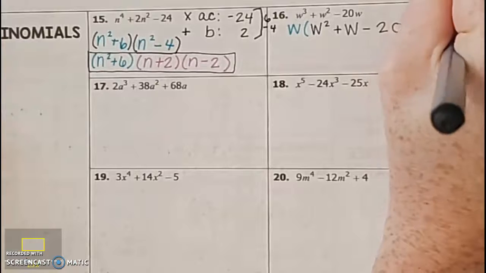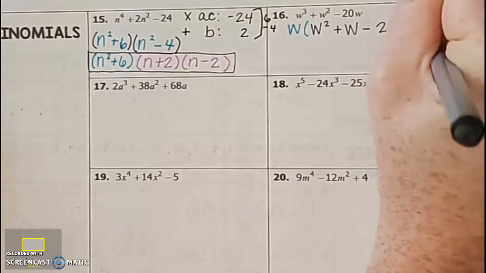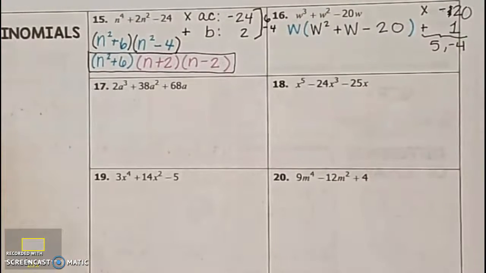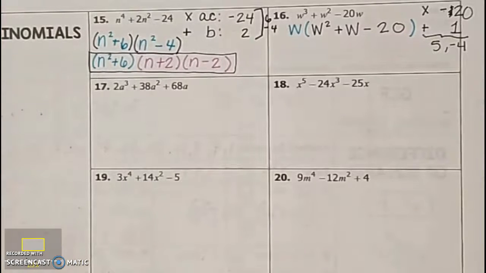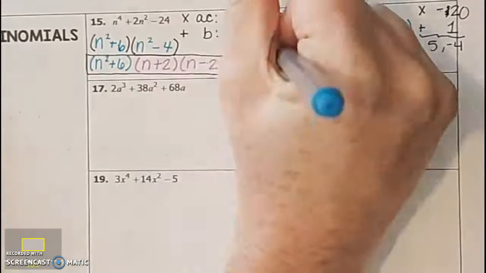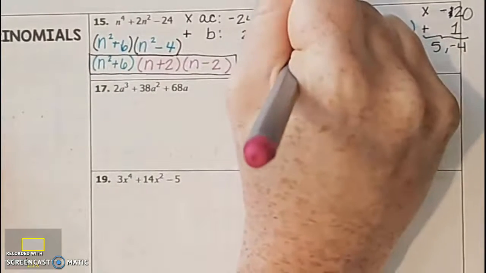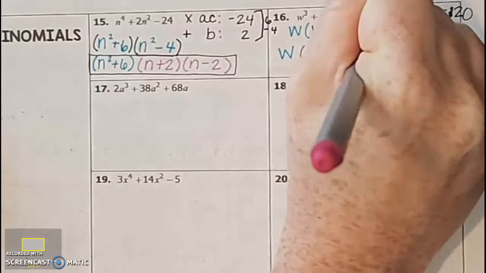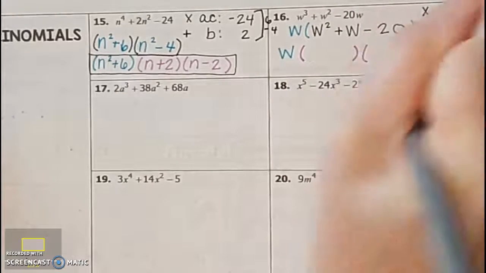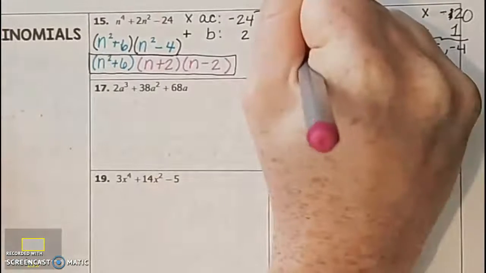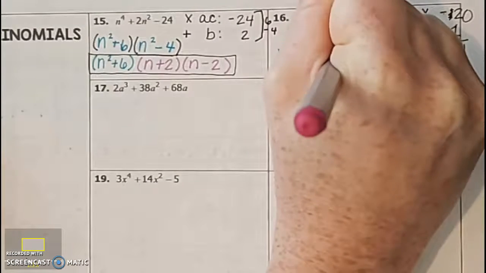That will be 5 and negative 4. So that's how that quadratic will factor. Our w stays on the outside. That is our GCF. And then w squared plus w minus 20 will factor into w plus 5, w minus 4.